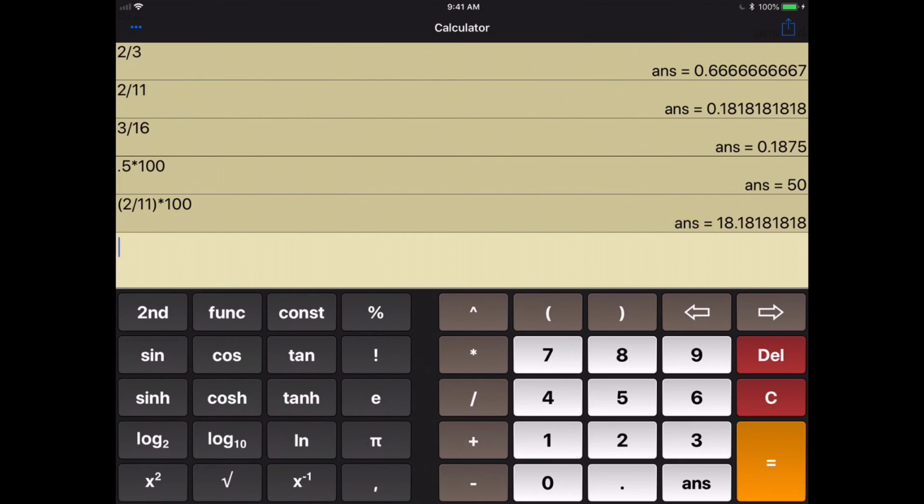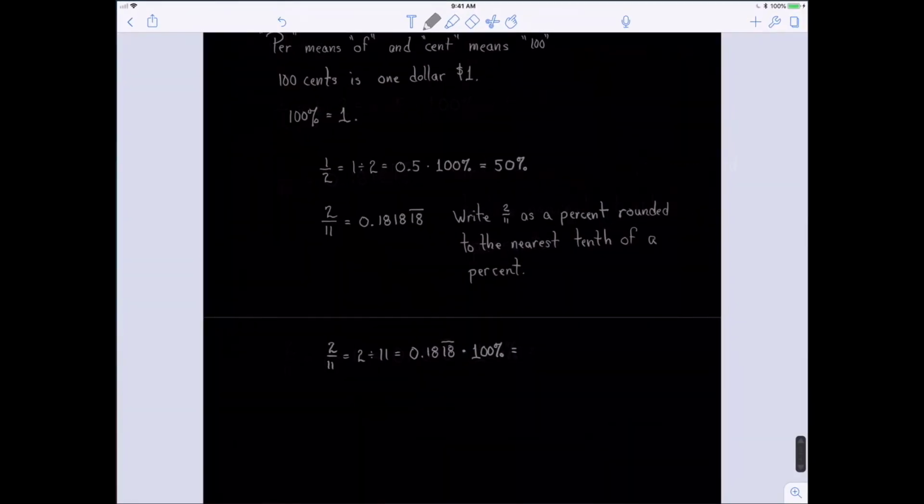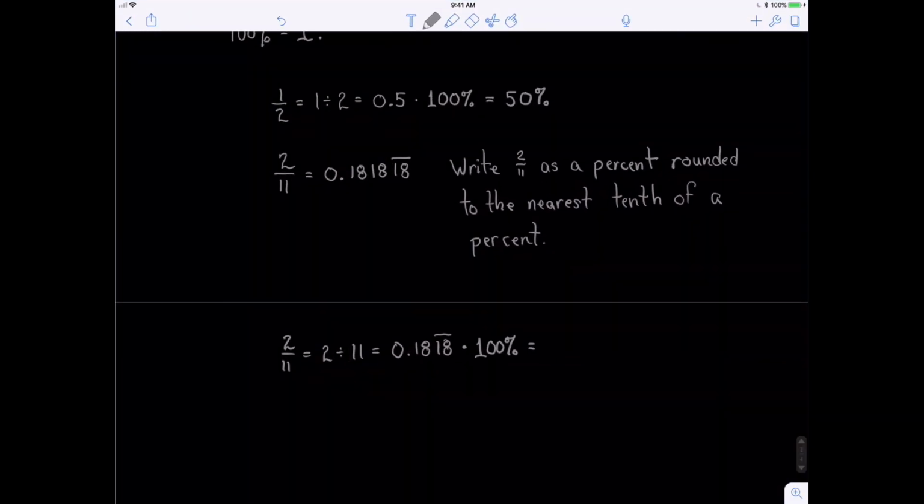Now we want to round that, so let's go back to our work. This gives me 18 point, and then the 18 repeat just goes on and on, and now it has a percentage sign. Notice that this 1 right here is the 1/10 of a percent. So the rule stays the same.